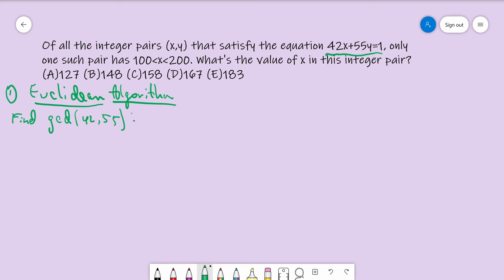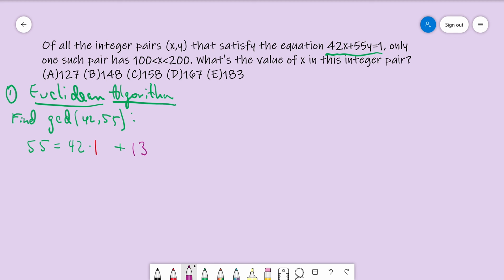This is what you do. You write 55 is equal to 42 times some number, plus some remainder. So let's think. 42 goes into 55 just one time, so we're going to write 1. And the remainder is 13.